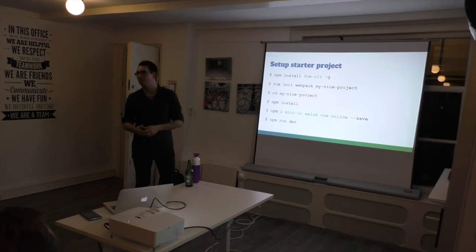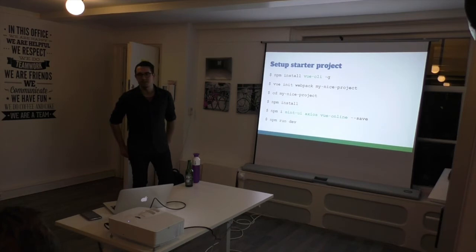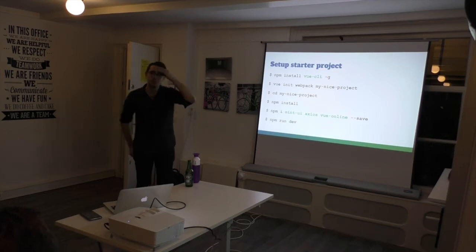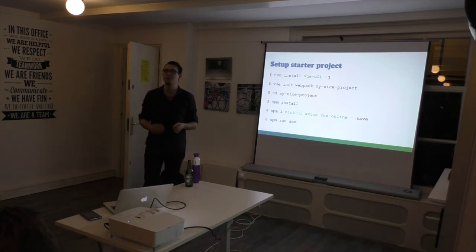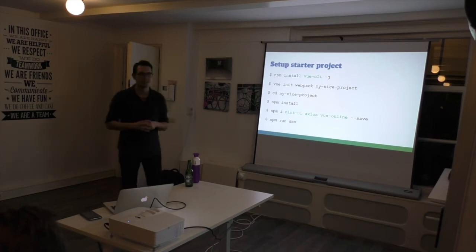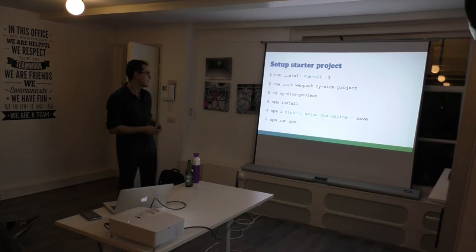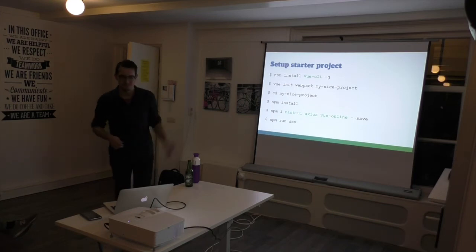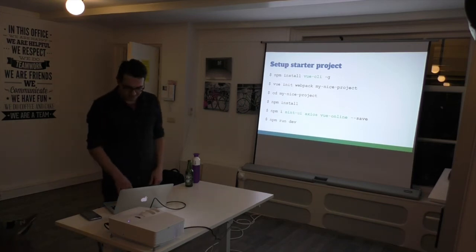Axios, you probably know, is an HTTP request library. I also added Vue Online, which is a dumb, simple component which checks if you are online or not, and if you are offline, it shows you a message. Since we're going to do a small mobile-ish application, that may be handy because we always tend to lose connections, right? So that's the simple setup.